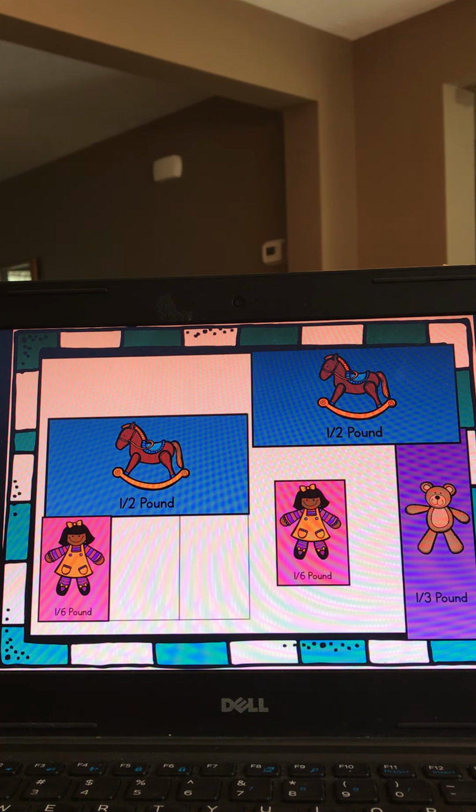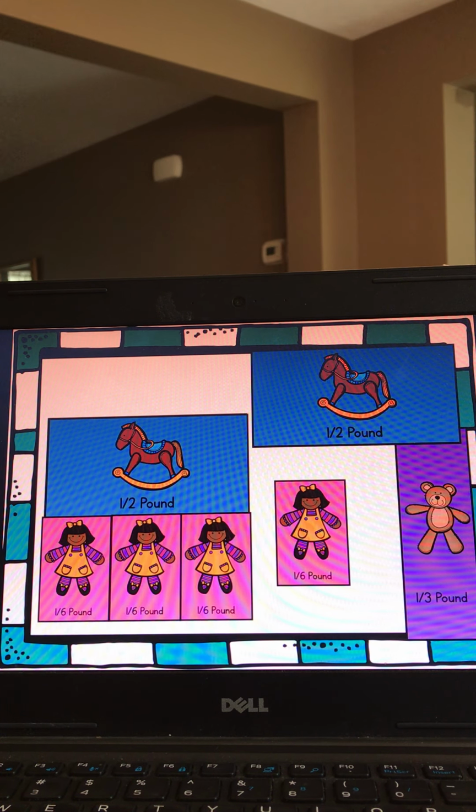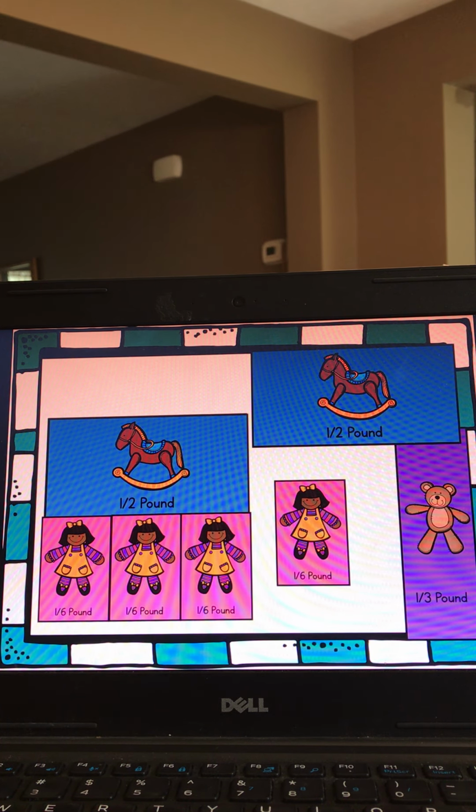So I added another doll, and that is 2/6 of the blocks. And I added a third one, which makes it 3/6 of the blocks are covered, and that is half of the blocks. The rocking horse covers up 3 of them, and the 3 dolls cover up the last 3.